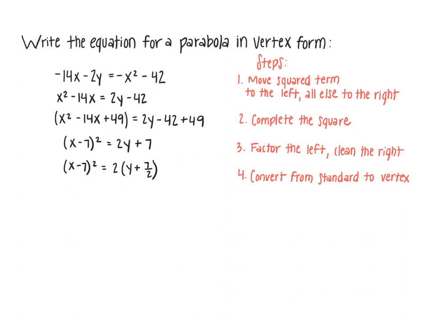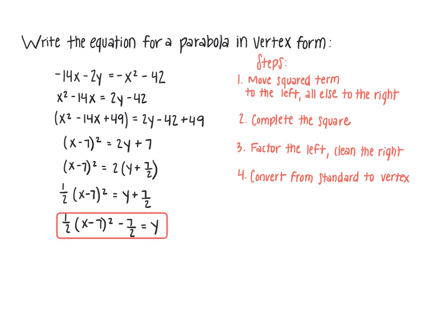So first I'll start by dividing the entire equation by 2, which gives me 1 over 2 times (x minus 7) squared is equal to y plus 7 over 2. And then I will subtract 7 over 2. So this gives me 1/2 times (x minus 7) squared minus 7 over 2 is equal to y. So here is my vertex form equation of a parabola that started off with an equation that looked like this.